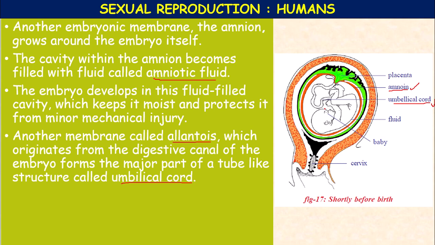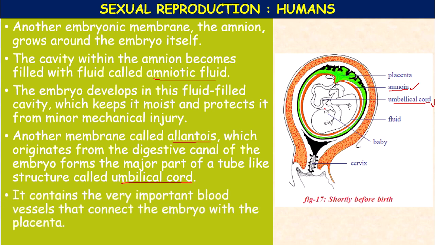This umbilical cord is attached to the baby. So it contains the very important blood vessels that connect the embryo with the placenta. Okay, the umbilical cord contains very important blood vessels.